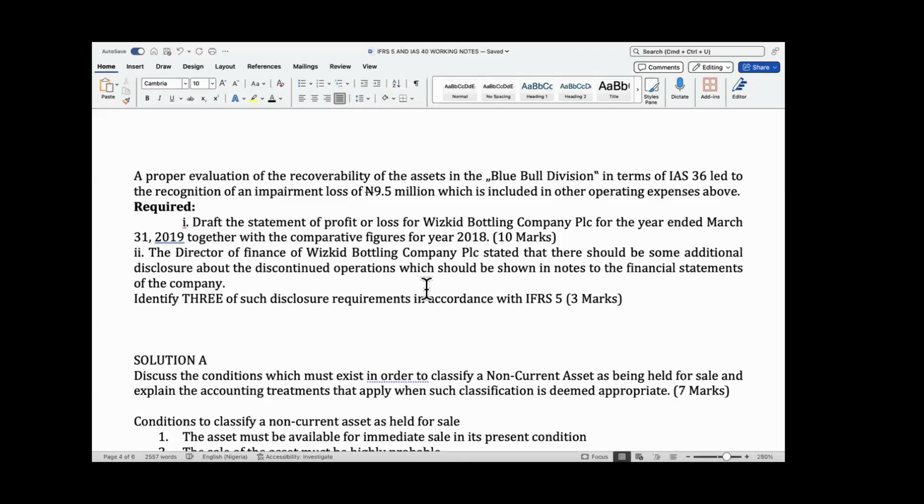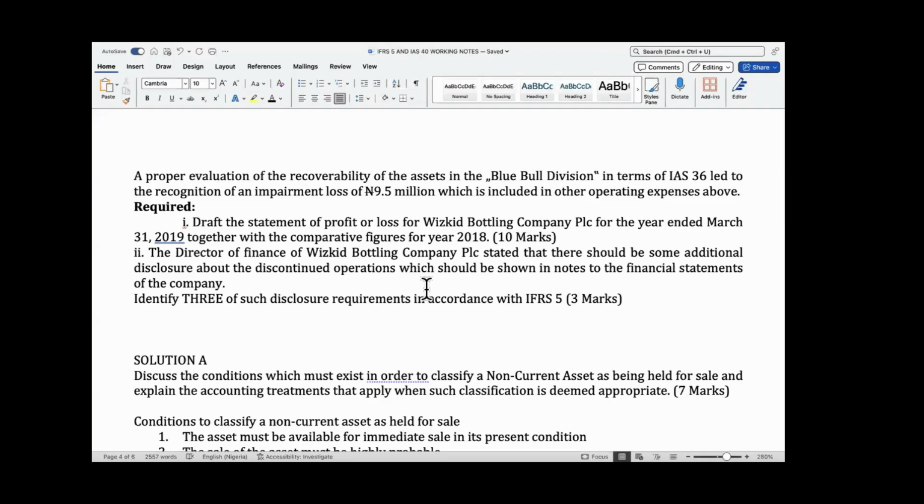You are then required, 1. Draft the statement of profit or loss for Whiskey Bottling Company PLC for the year ended March 31st, 2019, together with the comparative figures for the year 2018. 2. The Director of Finance stated that there should be some additional disclosure about the discontinued operations, which should be shown in notes to the financial statements of the company.